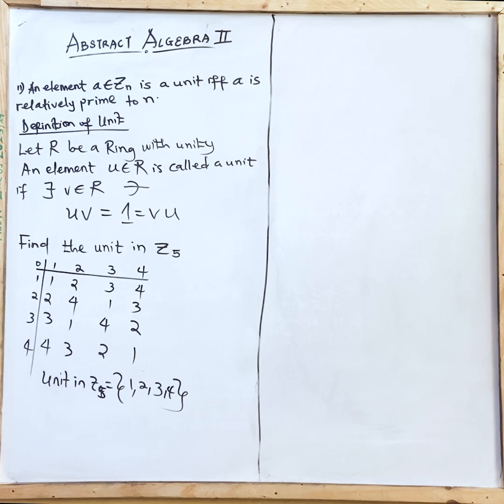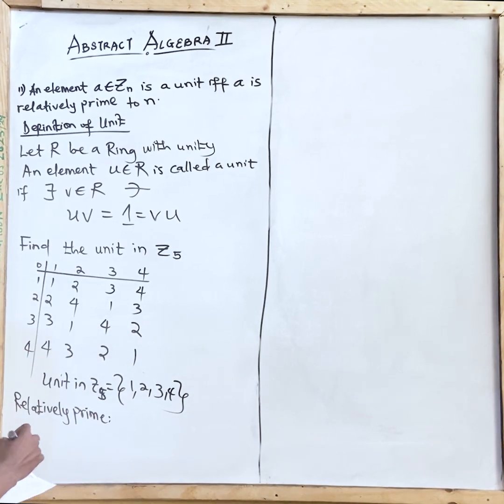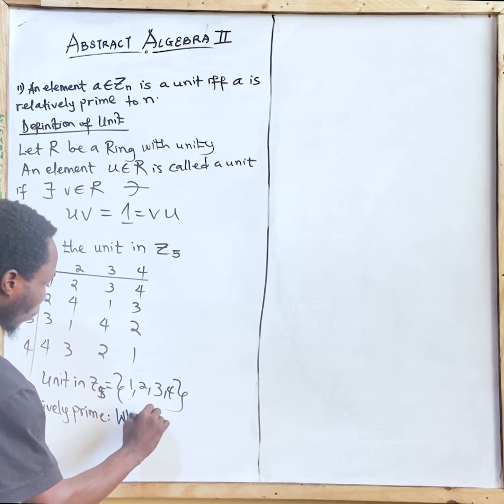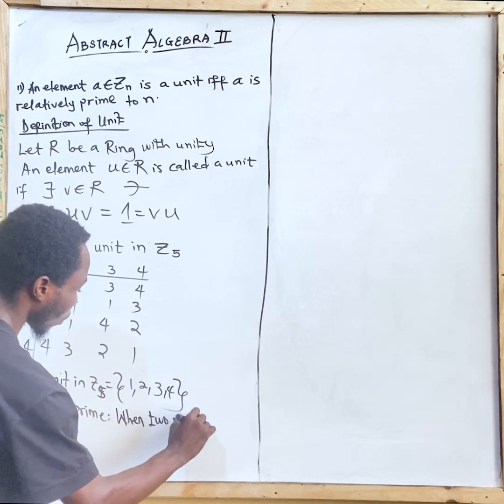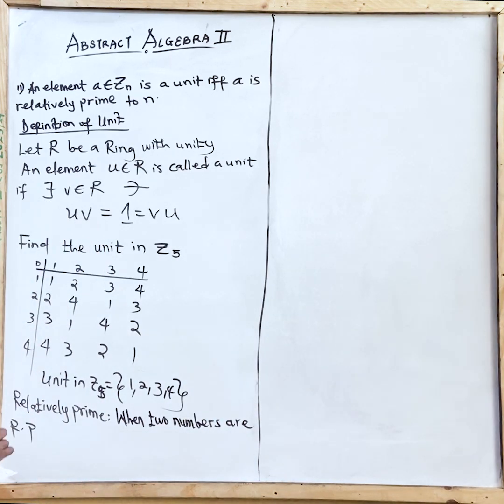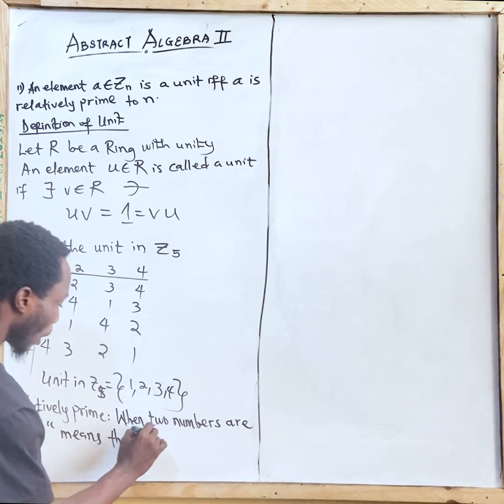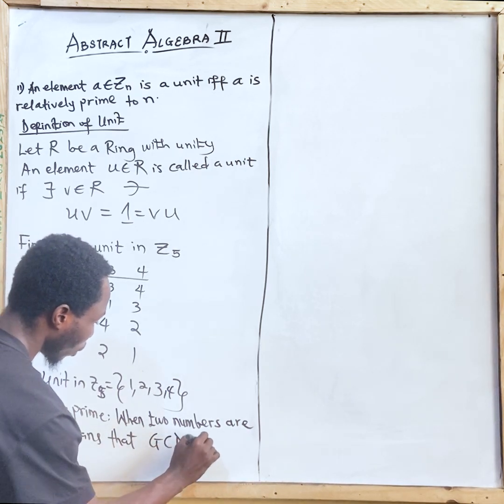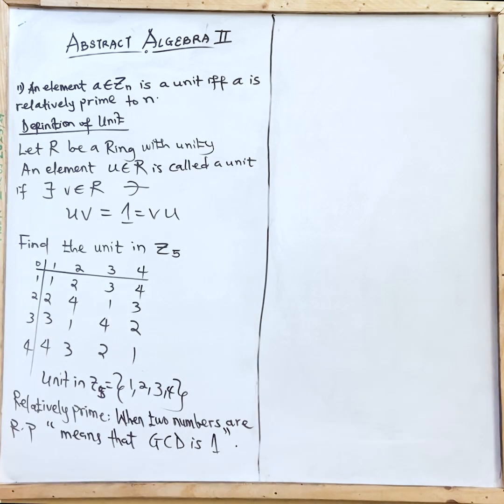So now, what do they mean by relatively prime? When two numbers are relatively prime, it means that the greatest common divisor between the two of them, their GCD, is 1.